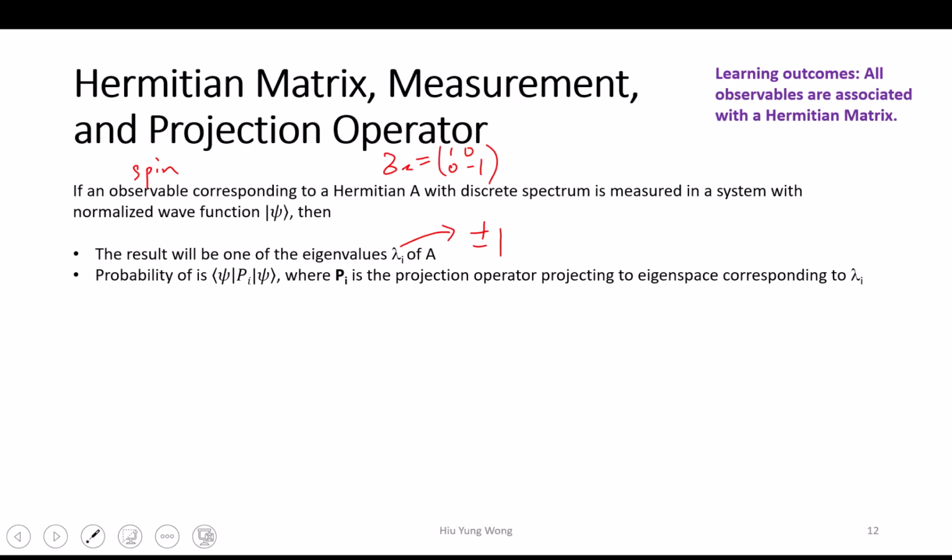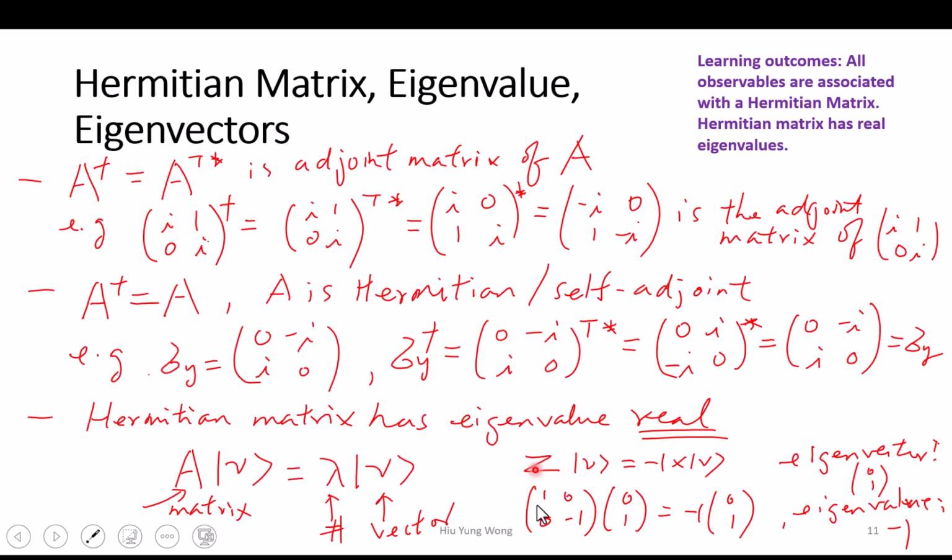What you measure are actually the eigenvalues of this Hermitian operator. Right? So, for example, here I told you that Z has an eigenvalue of -1 or +1. So when you measure the spin, you can get either +1 or -1.